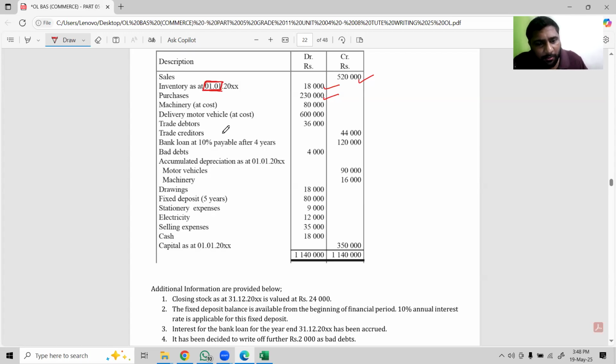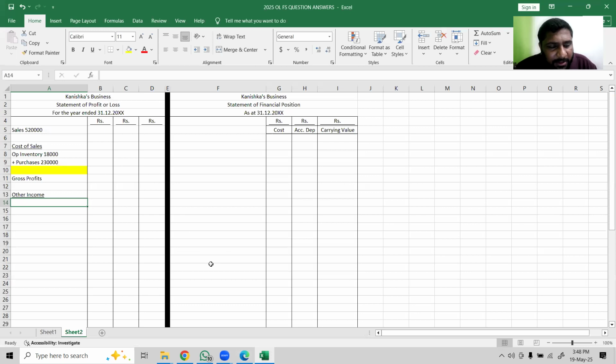No other income also. Sales, inventory, purchase, machinery, delivery of motor vehicle, trade debtor, bank loan, bad debt. No, other income is not there.